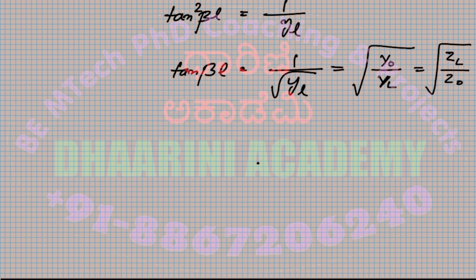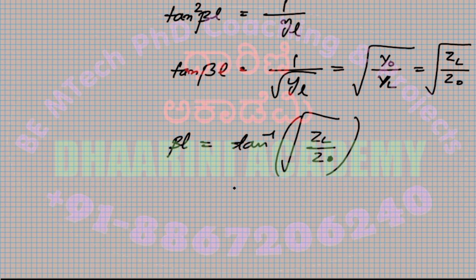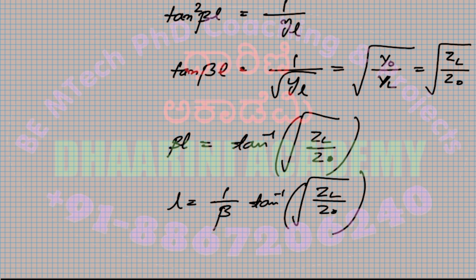So what you want to calculate, okay, let me go for beta L. So beta L is equal to tan inverse of root of ZL by Z naught. Are you okay? That means L is equal to, take beta to the other side, 1 by beta times tan inverse of root of ZL by Z naught.